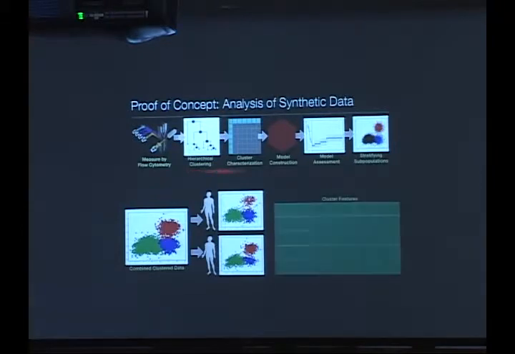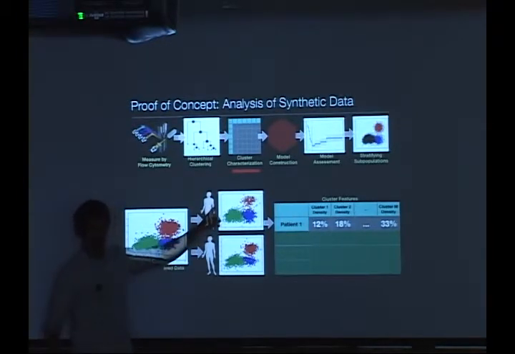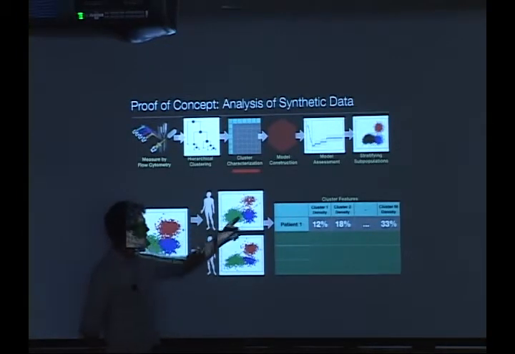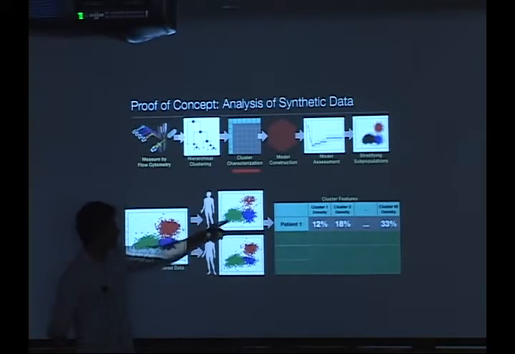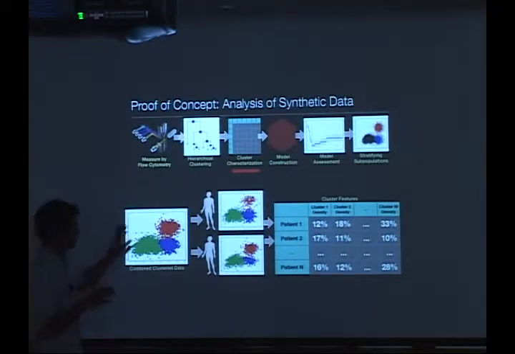For example, we can say, what is the abundance of this red cluster in patient 1? How many of their cells do they have in this cluster? How many of their cells do they have in blue? How many of their cells are in cluster green? And we'll do that for patient 1, and patient 2, and all of our patients. So we're quantifying properties of the cell subsets that we've discovered in the data using hierarchical clustering.